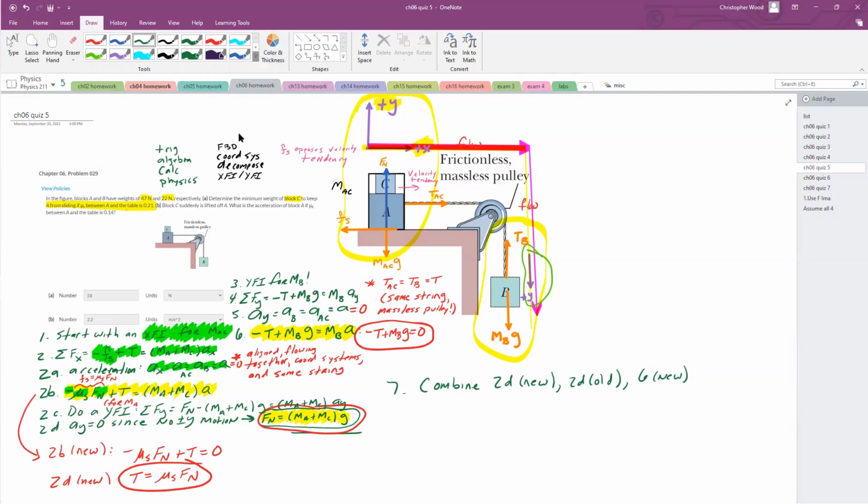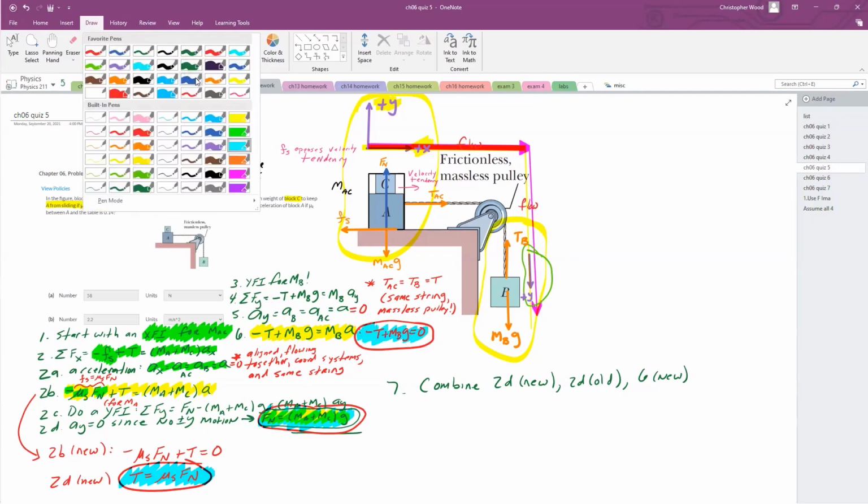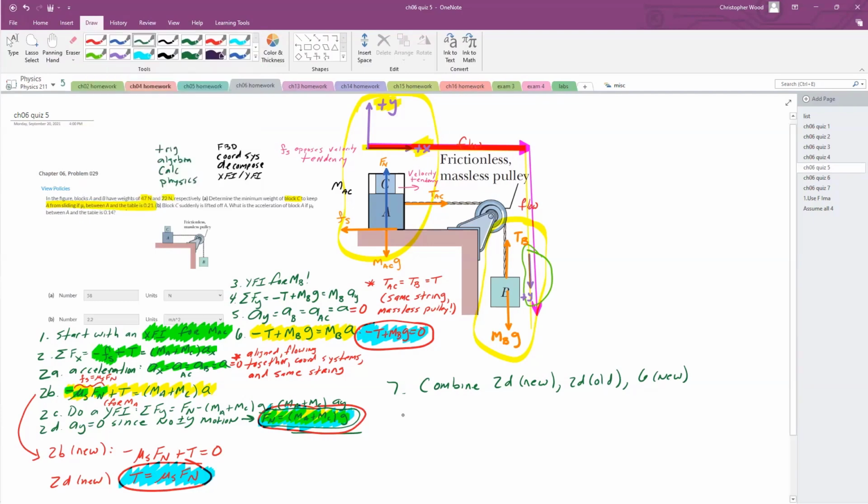So I'm going to combine these equations, this, this, and this, to get MC somehow. I don't need to solve for acceleration because I know acceleration is zero. So you're right, Lewis, you are right.